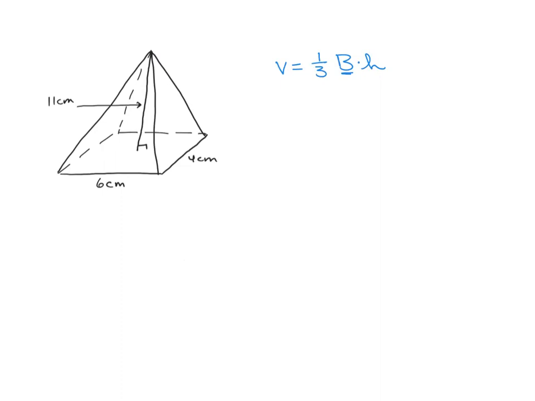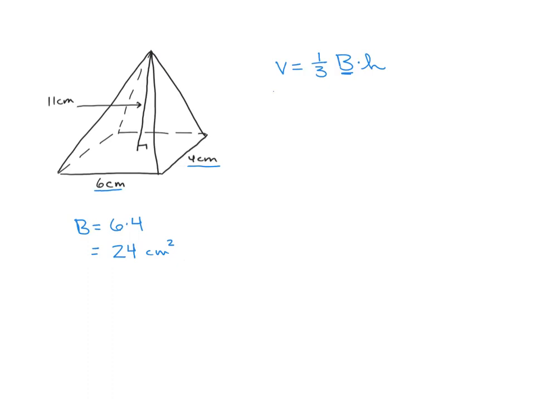So to find the area of the base, I'm going to multiply 6 times 4. If we multiply those two numbers together, we get 24. And this is centimeters squared since it is an area.